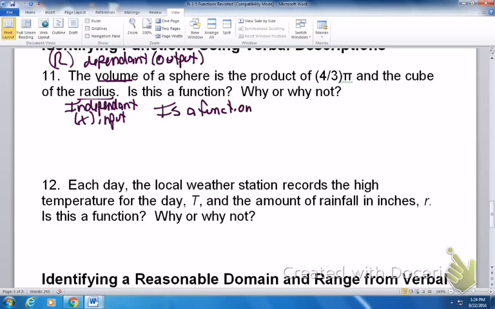And it asks why or why not. Well, here's a little bit of writing, okay? For each possible radius measure, there is exactly one associated volume.